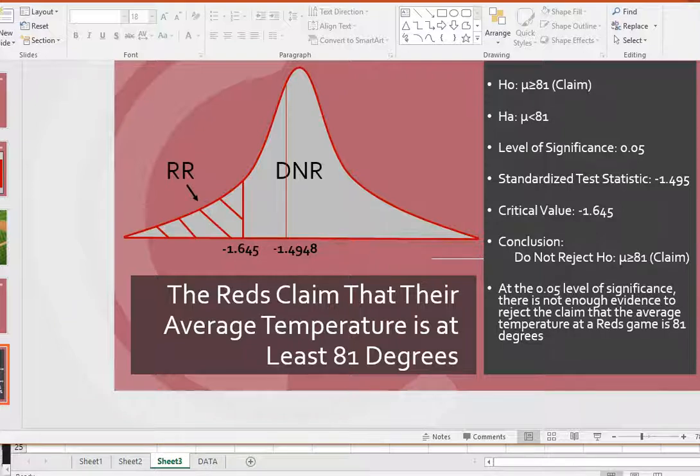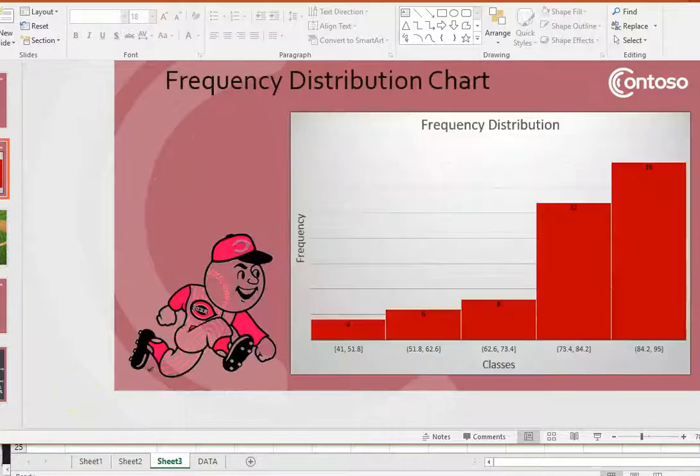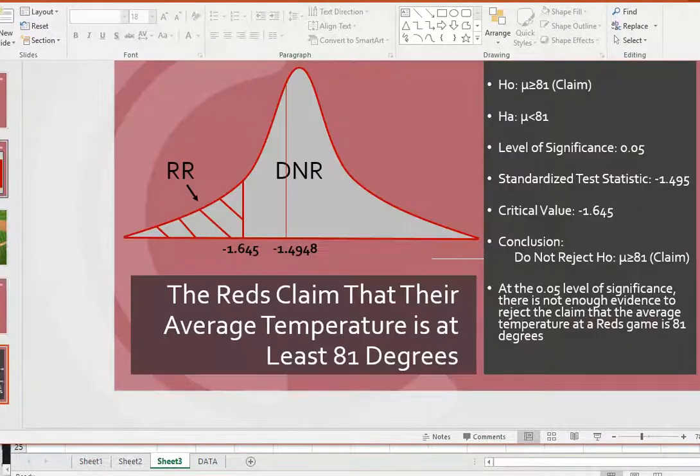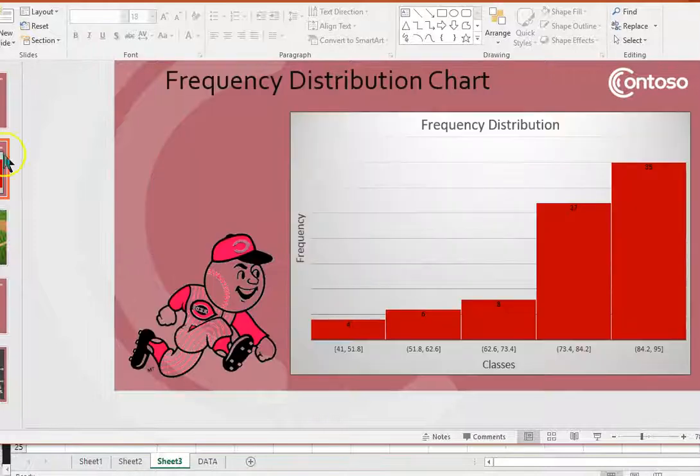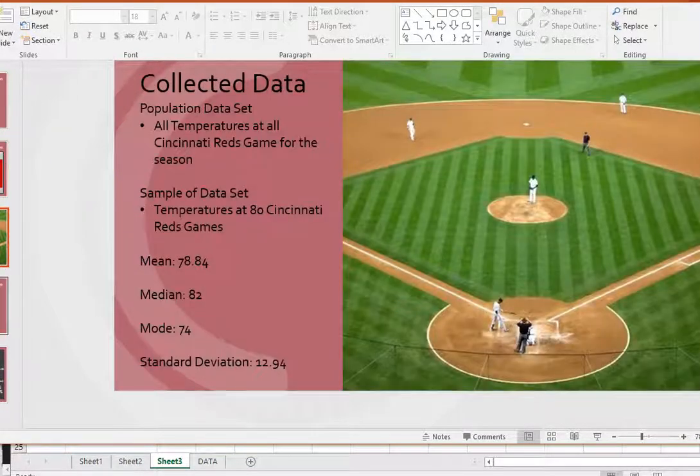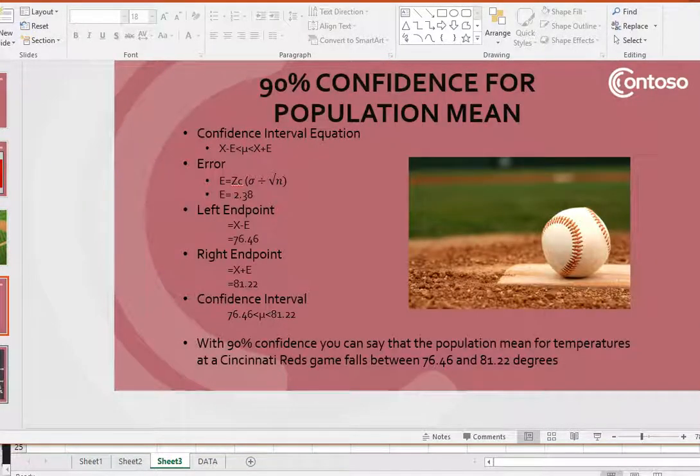I will have your names next to the data sets that you're supposed to be using. And look, this is all we're looking for. That is the work, and there are video examples of how to do each one of these slides.